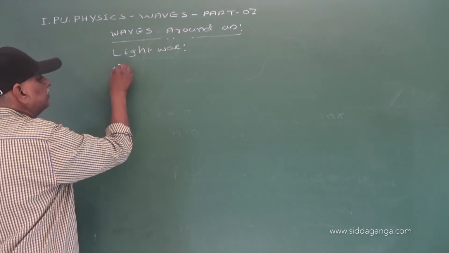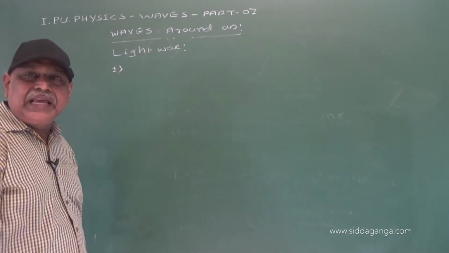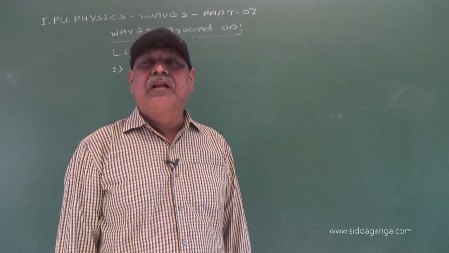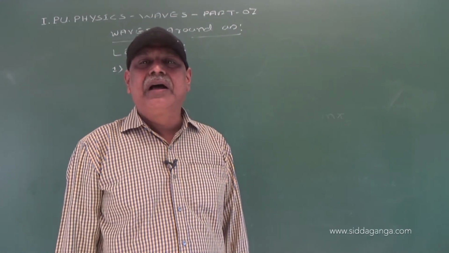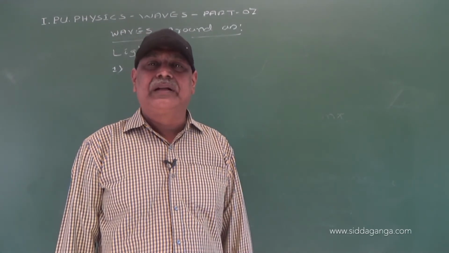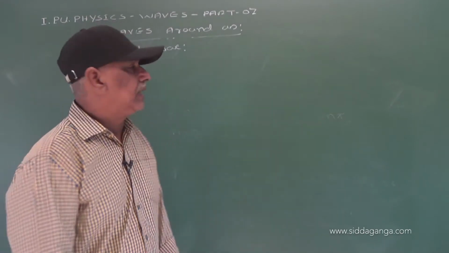So number one, light is produced due to transition of atom from higher energy orbit to lower energy orbit in an excited atom.